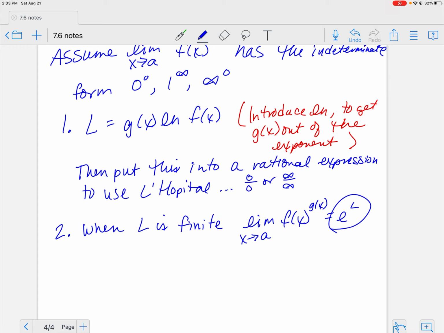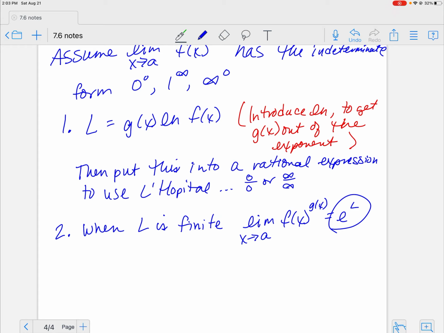Let's talk about inverse functions for just a moment. I introduce natural log to this because I have to get that out of the exponent. Well, you can't just introduce a function and let it go. Because I introduce natural log, I have to, as my final answer, put this in terms of e because they're inverse functions. Natural log and e cancel each other out, right?